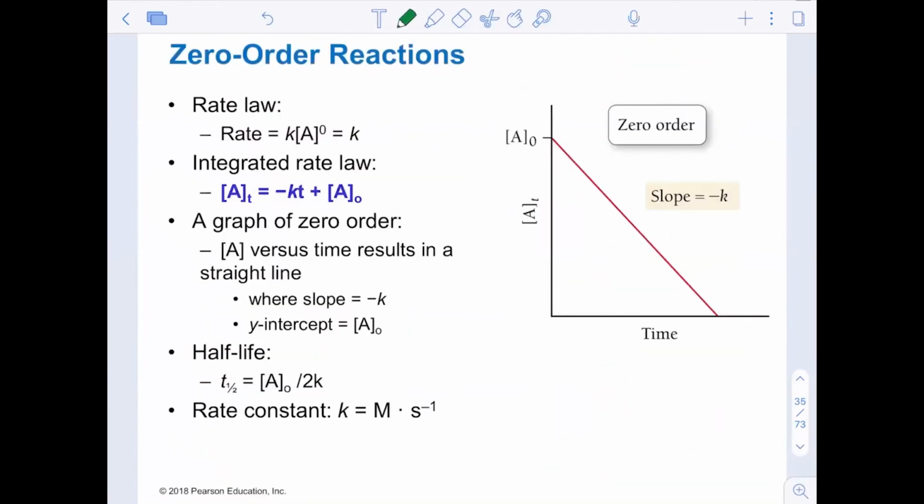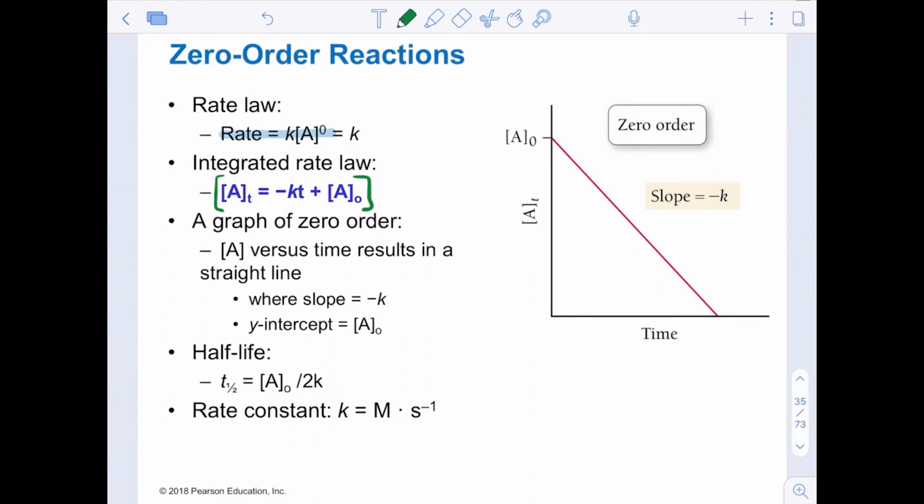Zero order reactions. These ones are tricky because when we think about no dependency, we still have an integrated rate law, okay? So again, for rate equal to k times A to the 0 power, which would just be equal to k, what we see for our integrated rate law is the concentration of A at time t is equal to negative kt plus A initial.